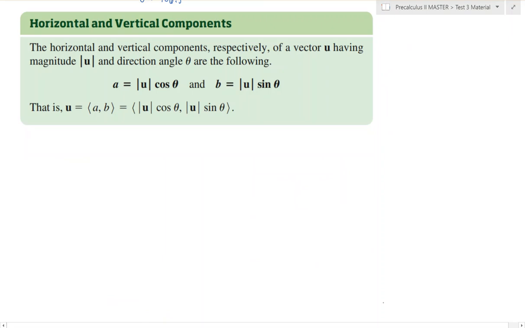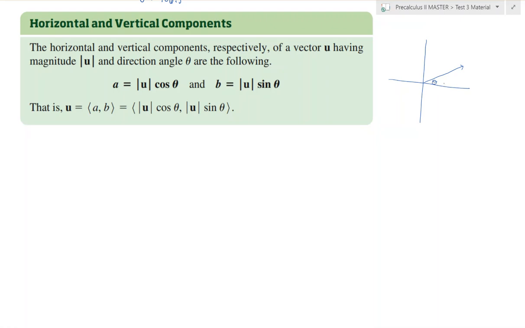Horizontal and vertical components of a vector u having magnitude of magnitude u and direction angle theta, this is true. We have a is going to be the magnitude of u times the cosine of theta. And b is going to be the magnitude of u times the sine of theta. If you want to picture this here, we can do a quick angle vector there. And we have theta here.